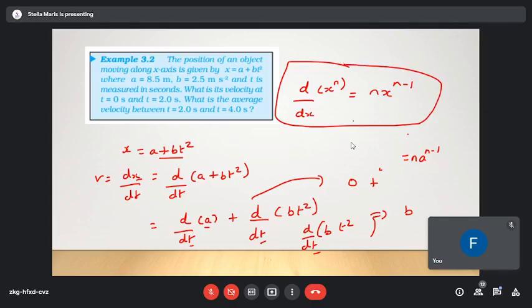For instance, d by dx of x squared, we are differentiating x squared with respect to x.